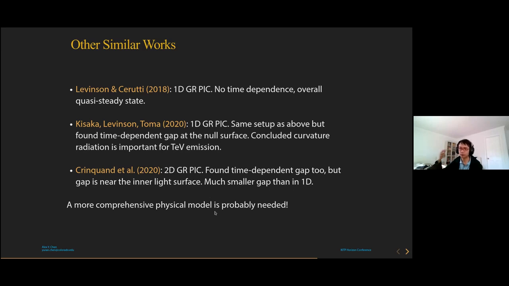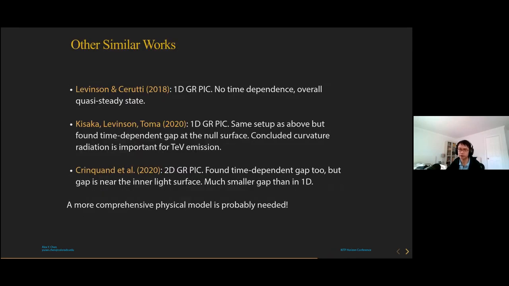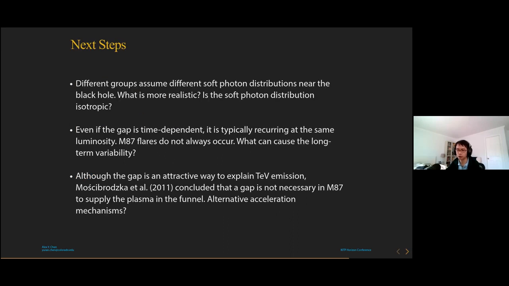But overall, one of the things that is different for these models is that the soft photon field is different. For the 2D GR PIC, they use a monoenergetic photon field, and it's not apparent what the assumptions are about the uniformness and the angular distribution of the photon field, and obviously the spectrum will matter.